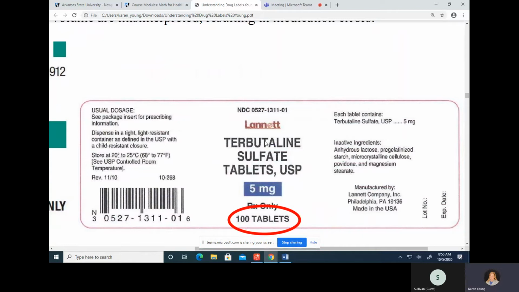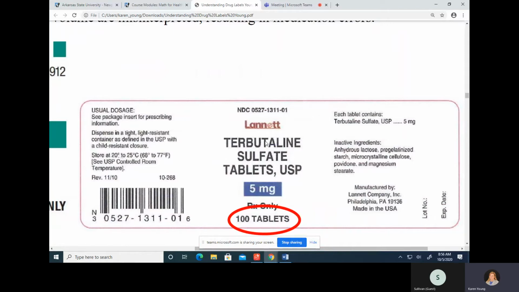All right, Nitrostat, is that a brand name or a generic name? Brand. And the nitroglycerin sublingual tablets, is all of that my generic name? What's the generic name? Just the nitroglycerin. What's the sublingual? The form?